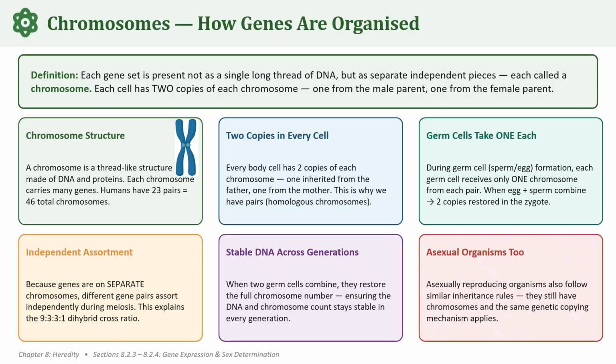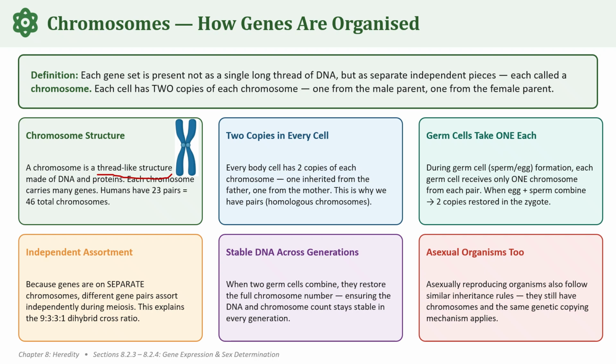Chromosomes: how genes are organized. What are chromosomes? Chromosomes are thread-like structures made of DNA and proteins. They carry thousands of genes which are responsible for different inherited characters. Humans have 46 chromosomes arranged in 23 pairs.